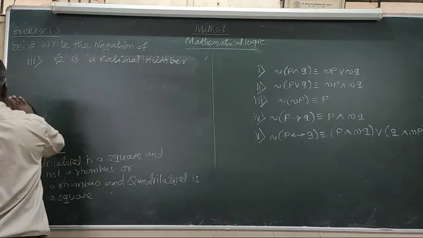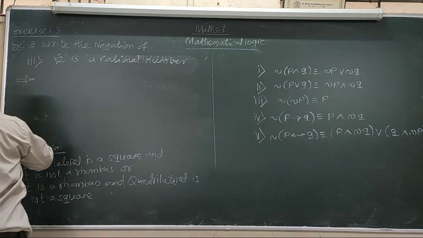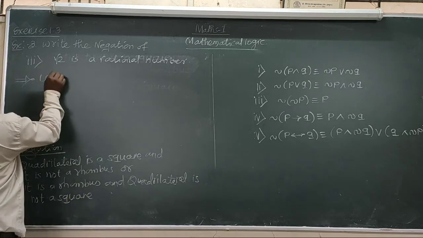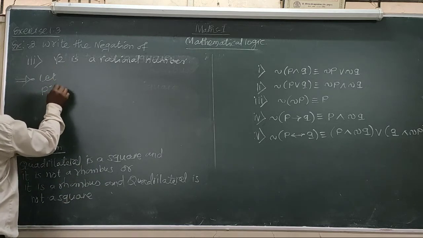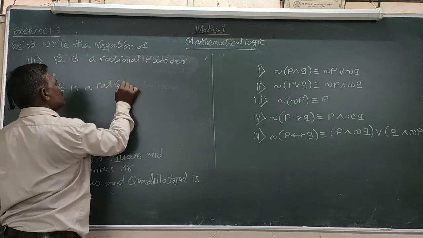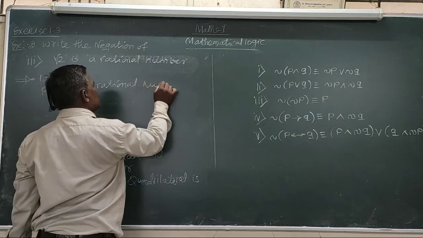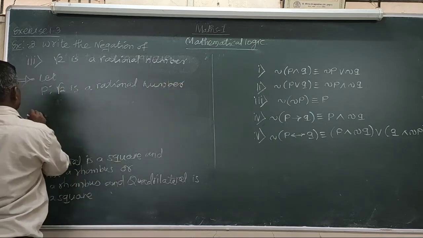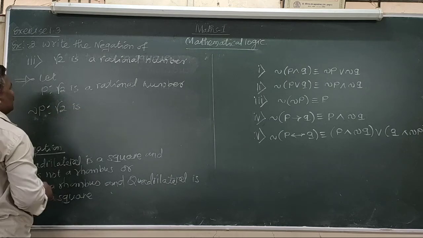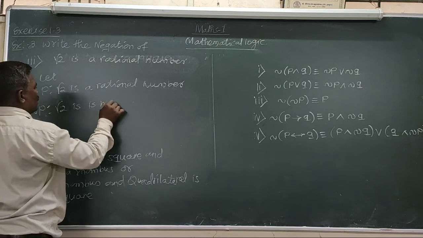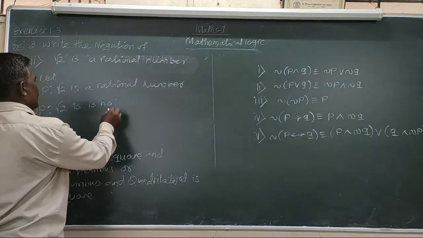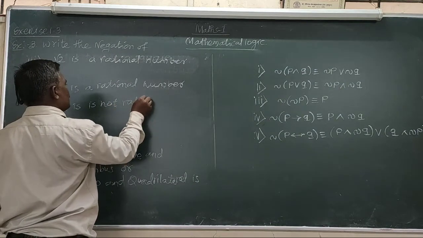Its negation: let us consider the simple statement P, root 2 is a rational number. Therefore, negation of P is root 2 is not rational.